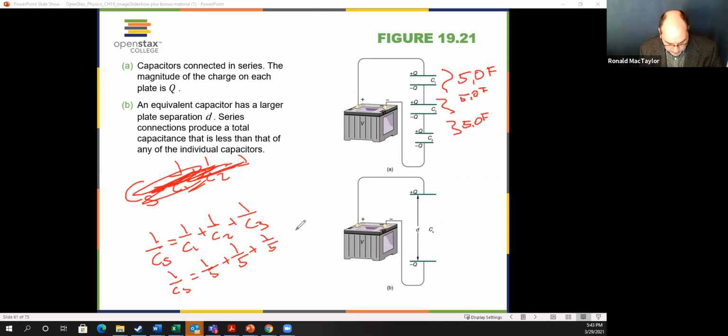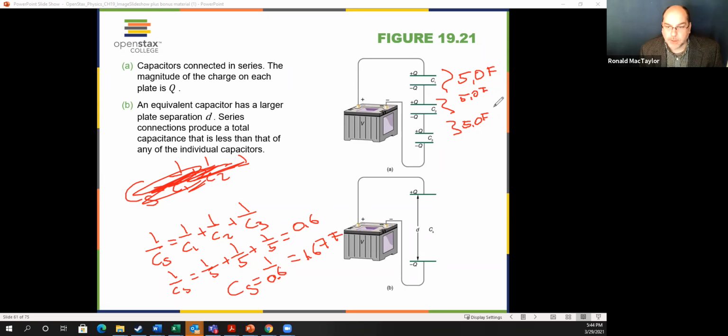That number is 0.6 because it's 0.2 plus 0.2 plus 0.2. But that's not the answer. The total capacitance then is 1 divided by 0.6, and that is 1.67.